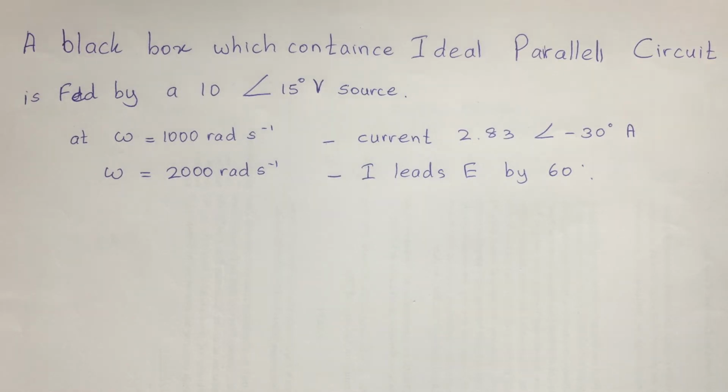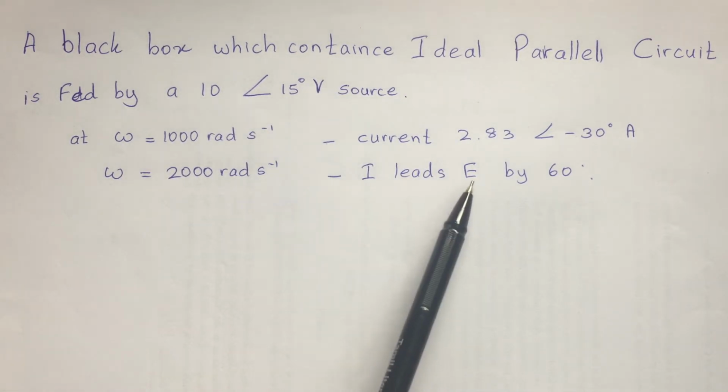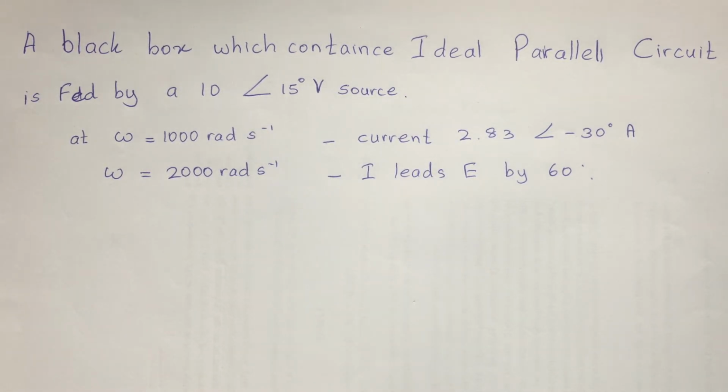In the next case, omega is equal to 2000 radian per second, where I is leading the voltage by 60, which simply shows it has a capacitive characteristic, so it's a capacitive circuit.